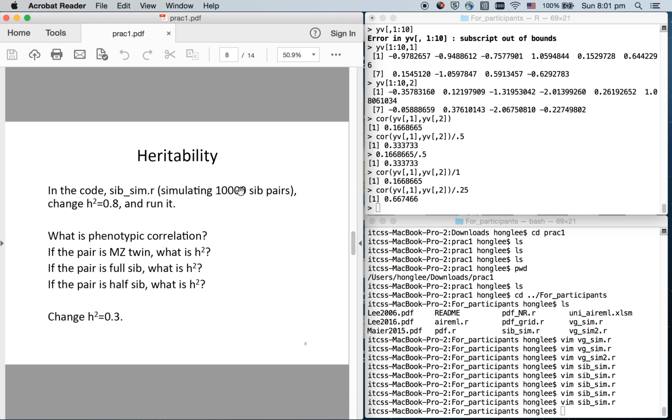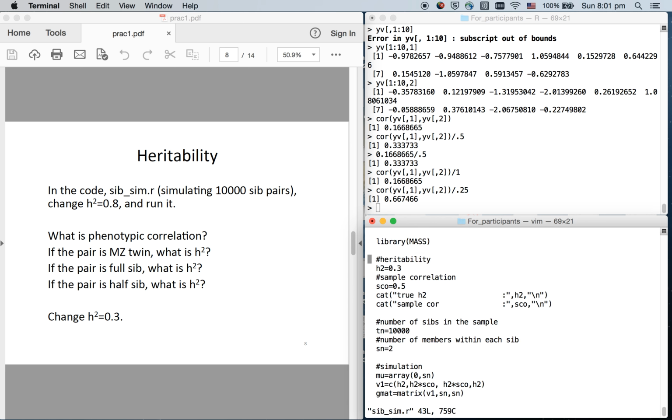So we go next. With the same code, except now heritability goes to 0.8, run it.